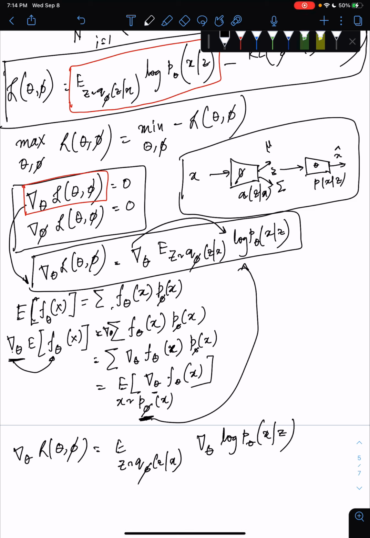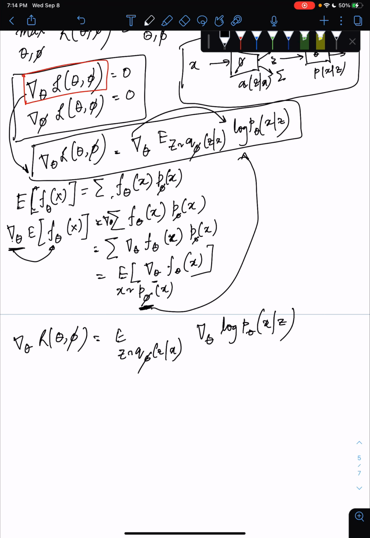Okay, this is cool. Now this expectation is nothing but just a summation. I told you that this particular log term is nothing but x minus x hat square.